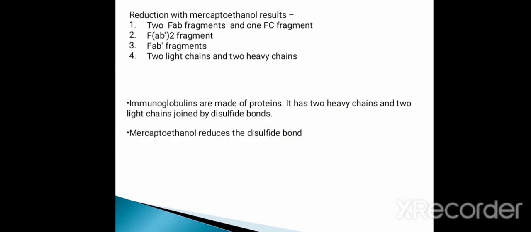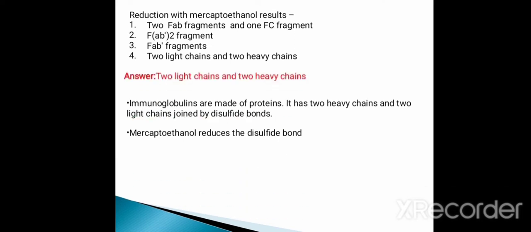Next question. Reduction with mercaptoethanol results in the formation of: option 1, 2 Fab fragments and 1 Fc fragment; option 2, F(ab')2 fragment; option 3, Fab prime fragments; and option 4, 2 light chains and 2 heavy chains. Immunoglobulins are made of proteins that have 2 heavy chains and 2 light chains joined by disulfide bonds, whereas mercaptoethanol reduces these disulfide bonds.